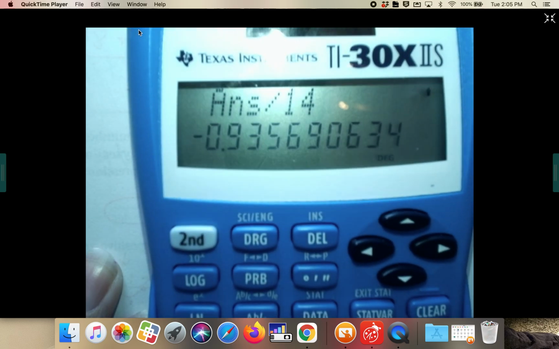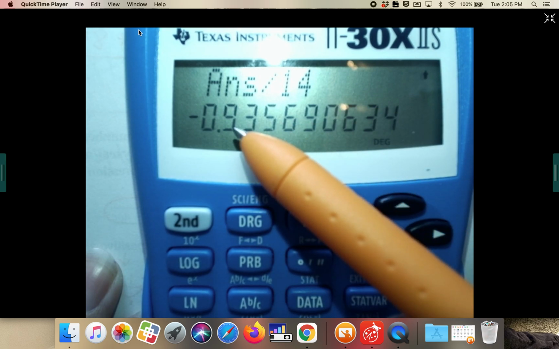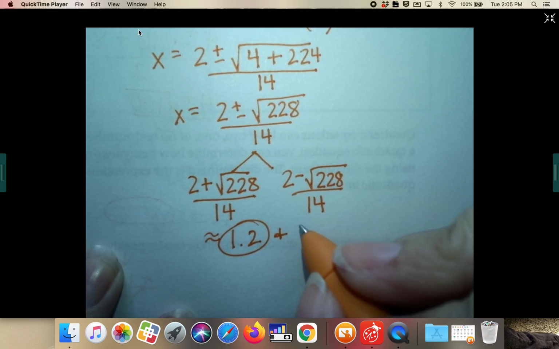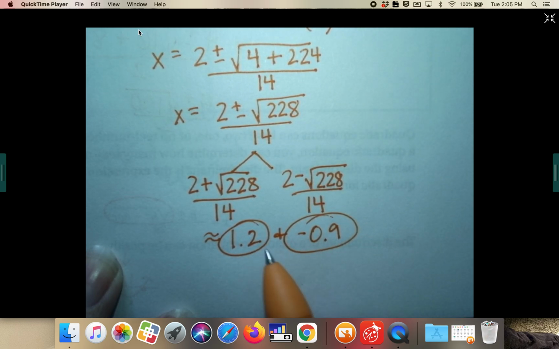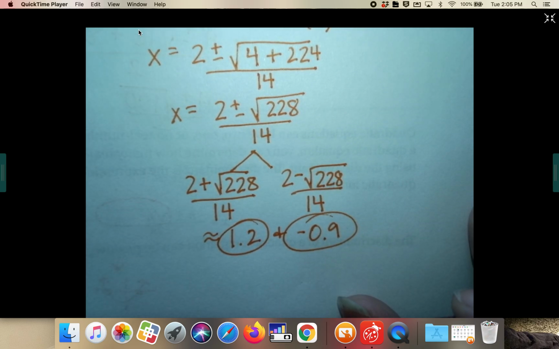So that is about negative 0.9. So those are the reasons we have a formula, because I would never have been able to factor to get those crazy long irrational decimals.